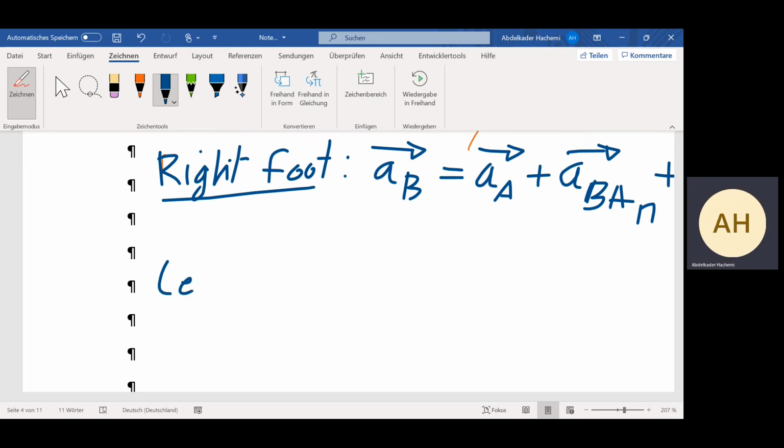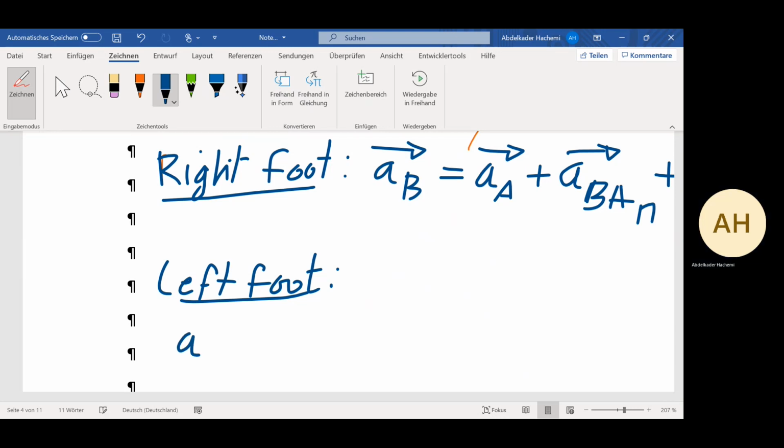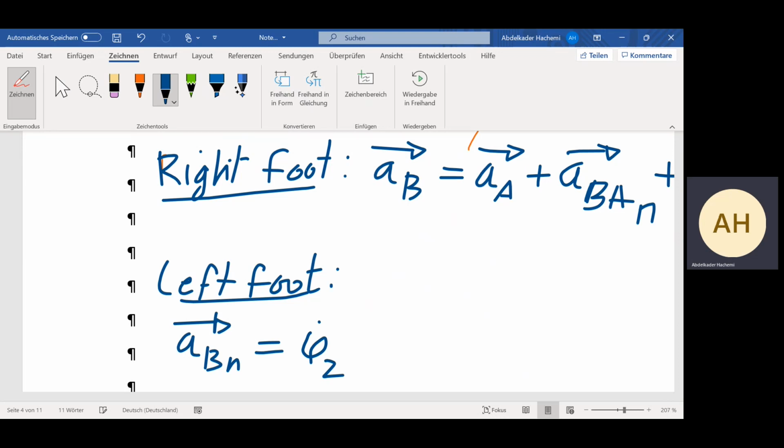Now that means here for the left foot, we have ABN, the normal one, that is one directional on the plane that we have here, phi dot 2 square multiplied by L, okay?